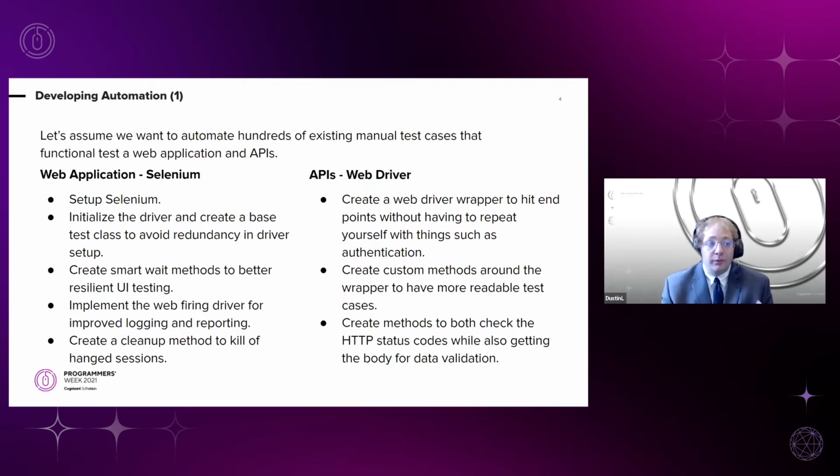We want as much information after a test fails as possible for better debugging, better bug reporting. So we're probably going to need to add that. Selenium's not going to have that necessarily out of the box. And even just implementing the event firing driver, we're probably going to need to write some more custom code around that as well to make it readable and exactly how we want for our reporting.